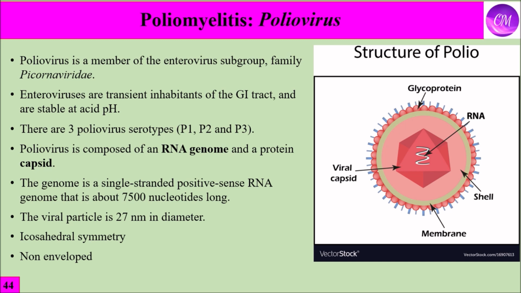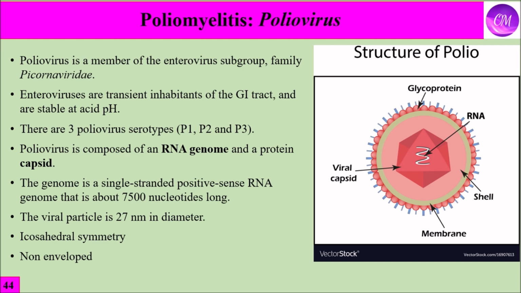The poliovirus is a member of the enterovirus subgroup, family Picornaviridae. Enteroviruses are transient inhabitants of the gastrointestinal tract and are stable at acid pH. There are three poliovirus serotypes: P1, P2, and P3.